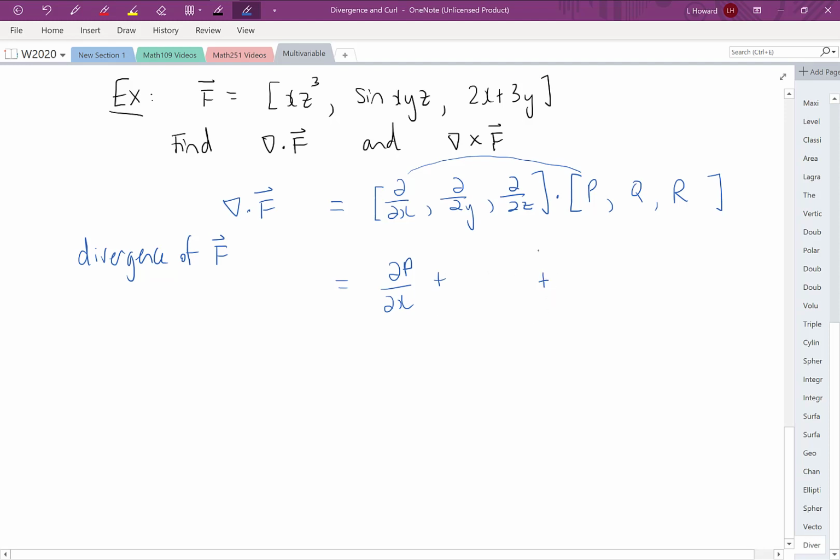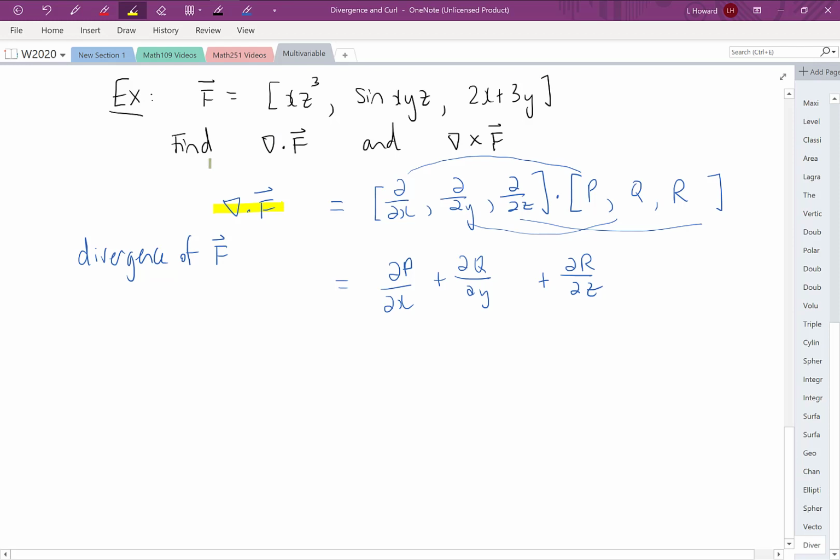We get three different terms. And in each case, we're just multiplying the appropriate components together. So you'd get delta q by delta y plus delta r by delta z. So sure enough, that's our familiar divergence. And this del dot f is just a really concise way of writing that using the del operator and the dot product.